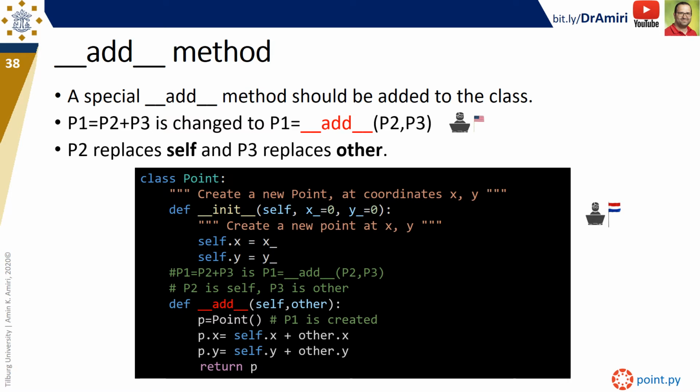Then you assign values to the attributes of this new instance of Point. You would say that p.x equal to self.x plus other.x, and p.y is equal to self.y plus other.y. And at the end, you need to return this p, the instance you just created.